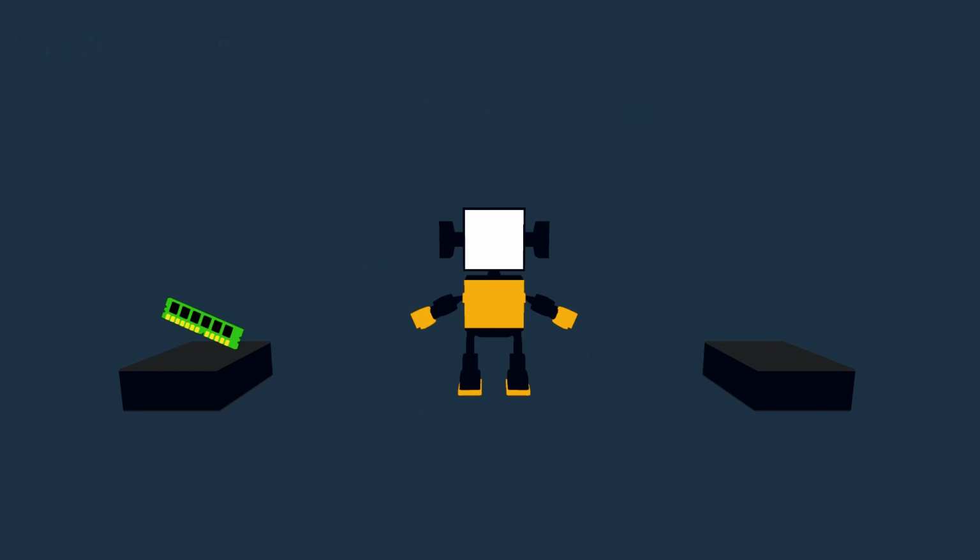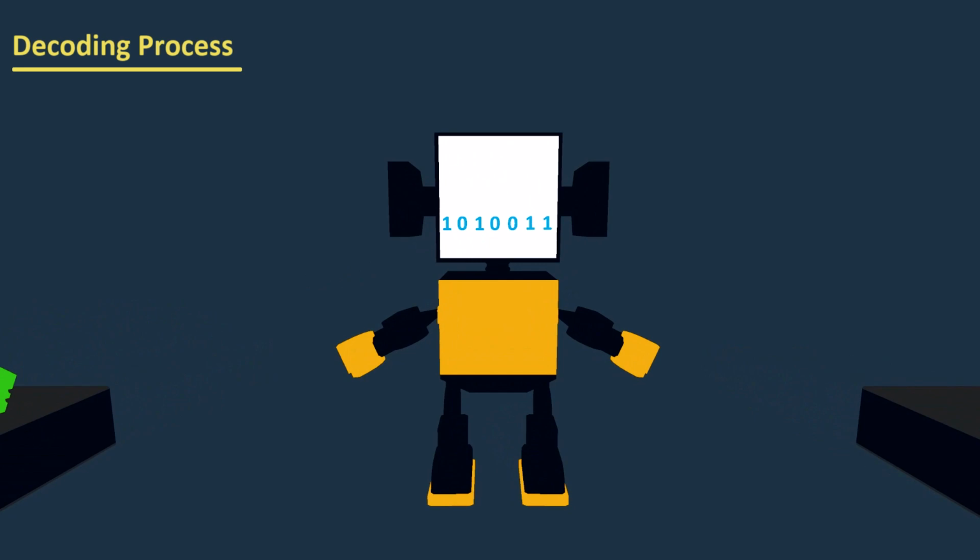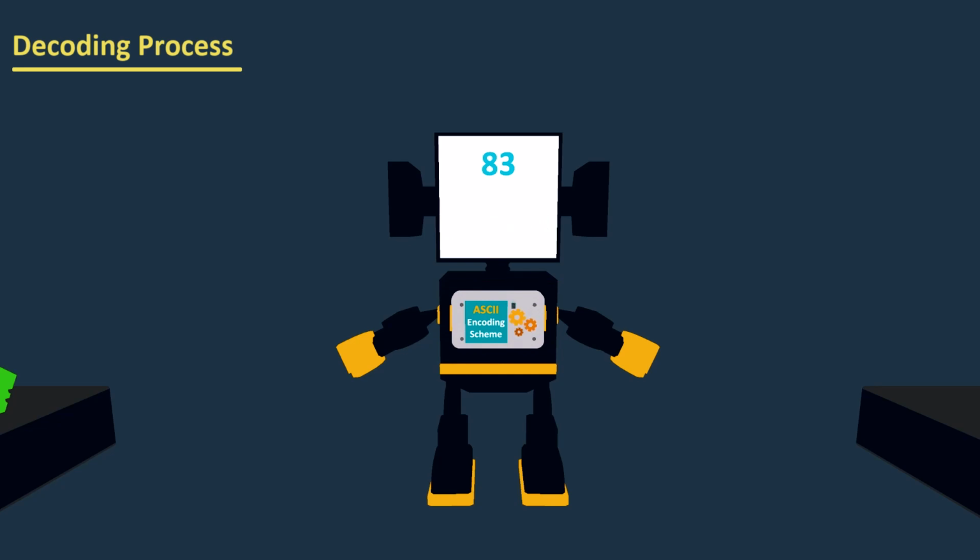On the other hand, to display our previously stored uppercase S on the screen, the computer reads that information directly from its memory. After reading the binary data, the computer interprets it as an ASCII code point, in this case 83 in decimal.